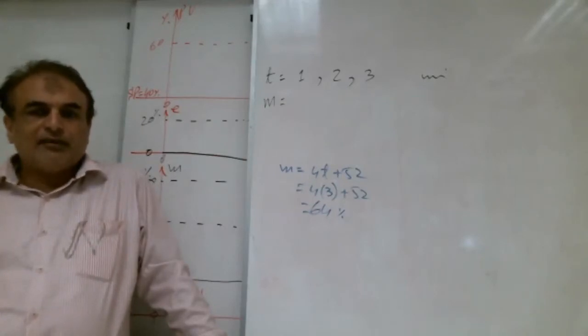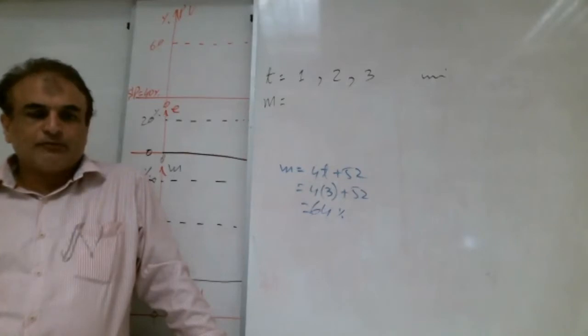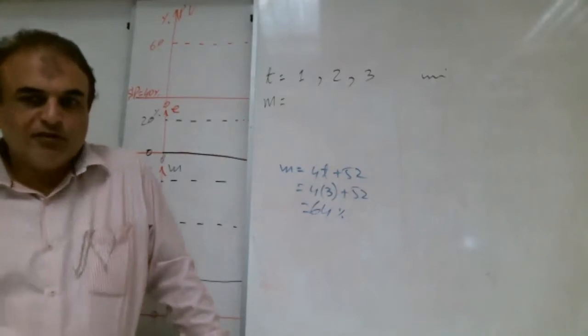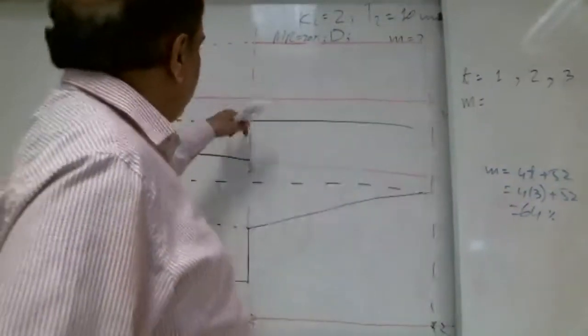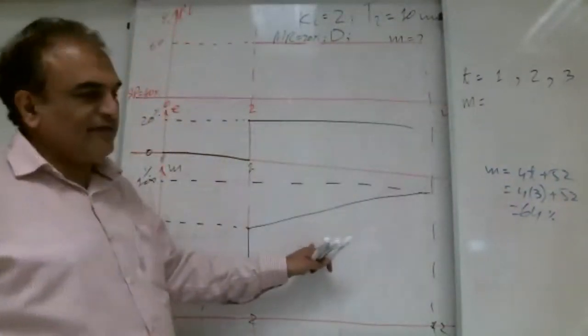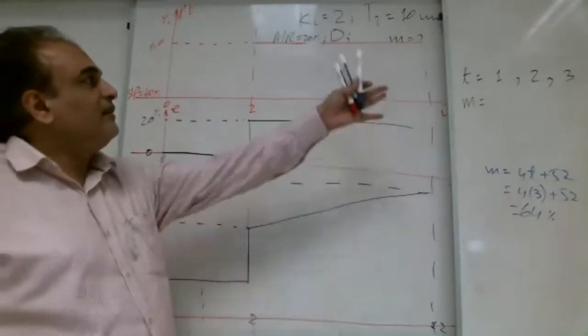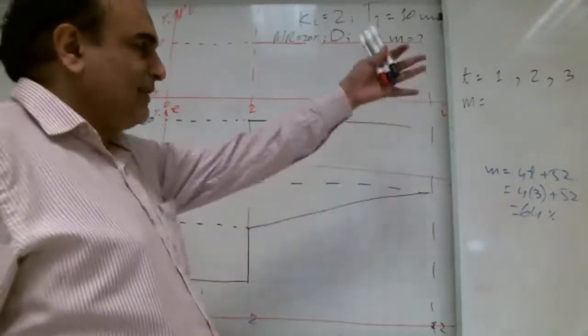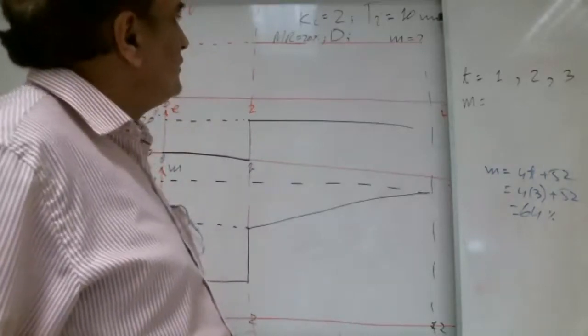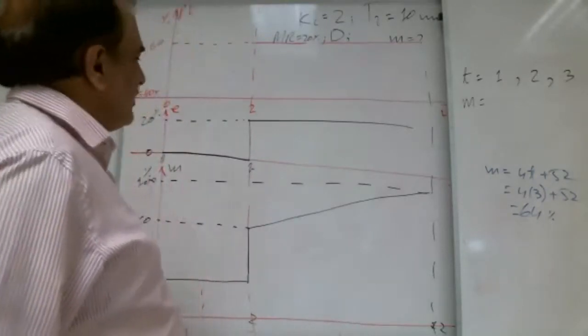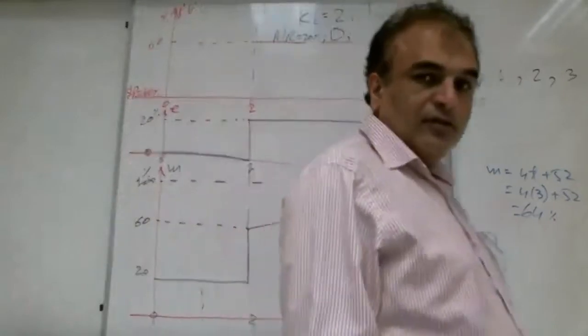Any question up to here, Shabab? So if we draw the curve, we draw the output, we can find the output at any time. Any question up to here? Please ask.